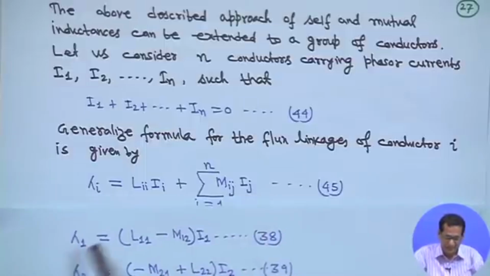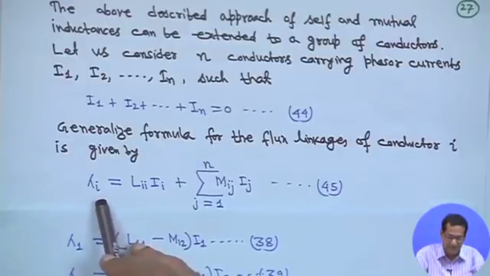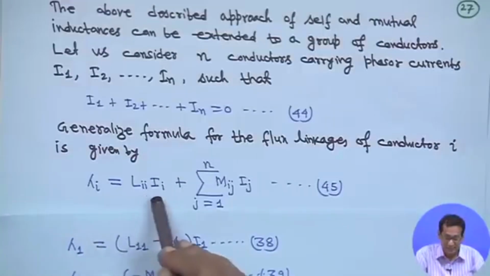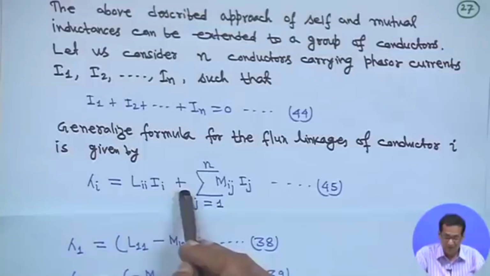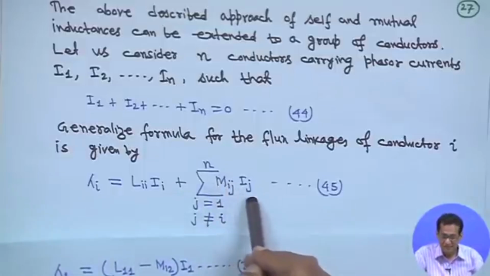So, in general, instead of lambda 1 we can write for the ith conductor, lambda I is equal to LII into Ii plus the sum over j is equal to 1 to n, j not equal to I, of Mij into Ij.